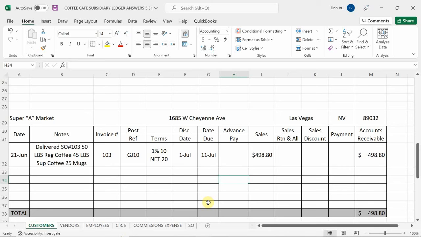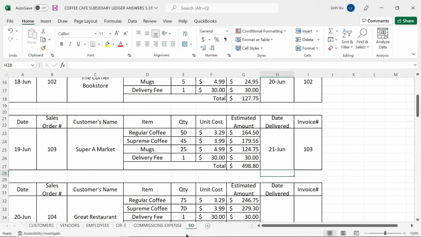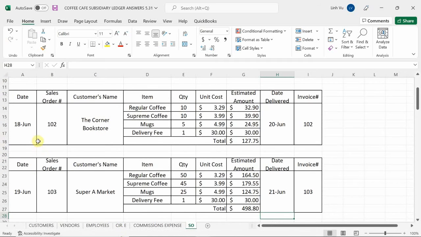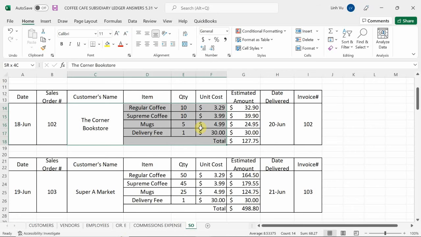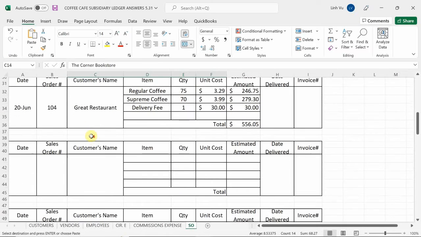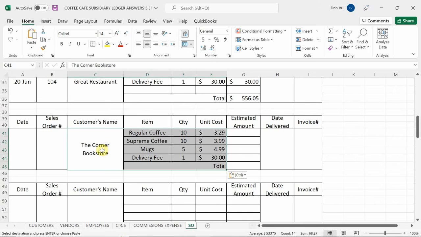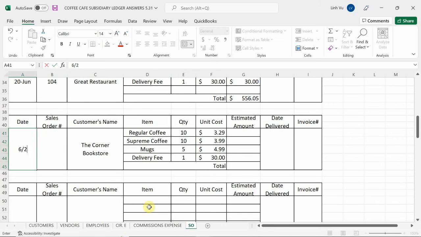This is a sales order, right? Because we are expected to deliver it by June 24th. So in this case, we just fill in our sales order. Now what you can do is locate the corner bookstore and pretty much copy most of the cells here. Today is the 21st. Sales order number 105 to the corner bookstore.